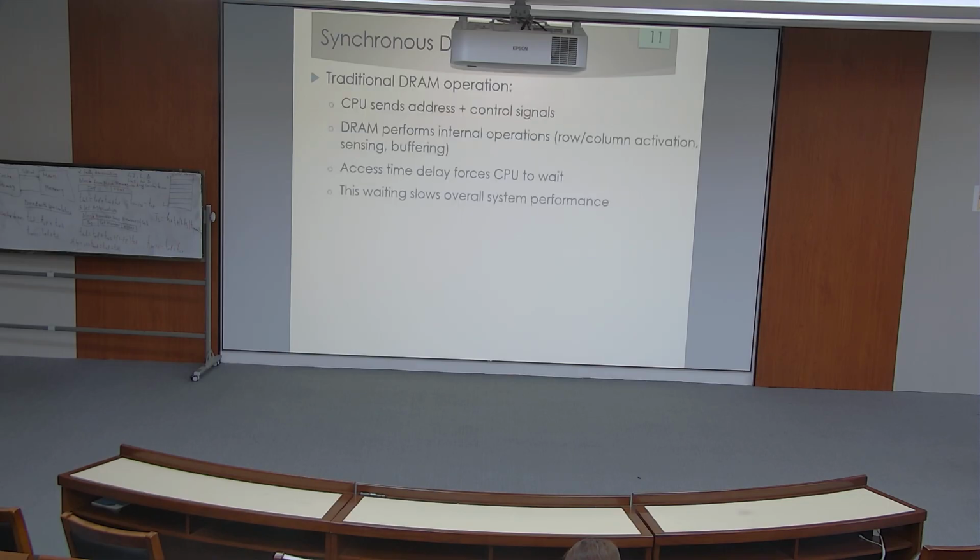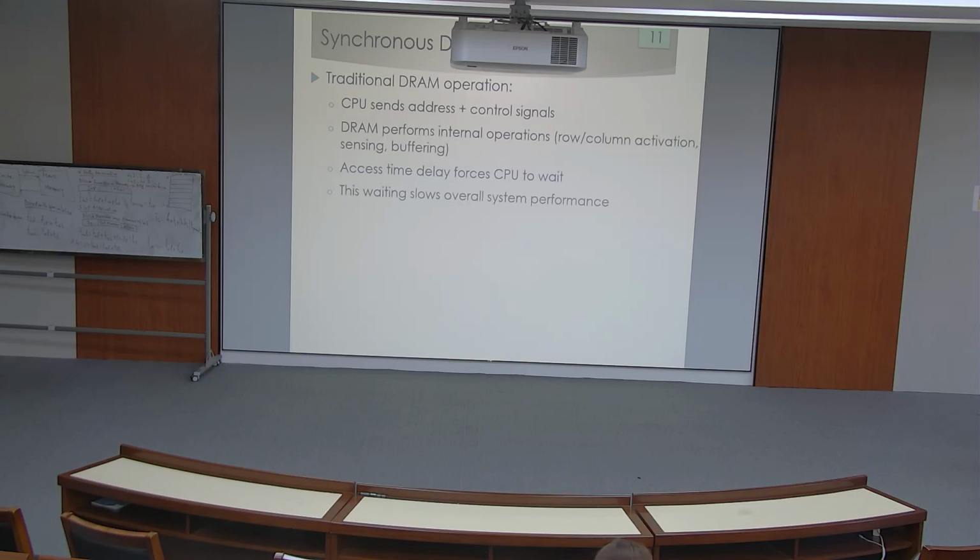Now, how does the traditional DRAM work? We need to first understand how the traditional DRAM works so that we understand how the synchronous DRAM works. We have the central processing unit, which needs to transmit an address as well as a control signal to the memory system.